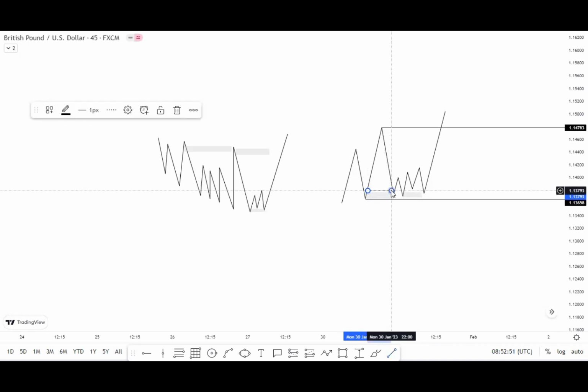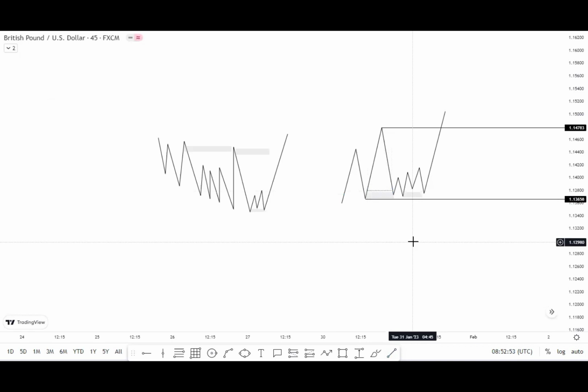So minor liquidity basically forms up within your higher time frame range. Liquidity rests on all highs and lows.